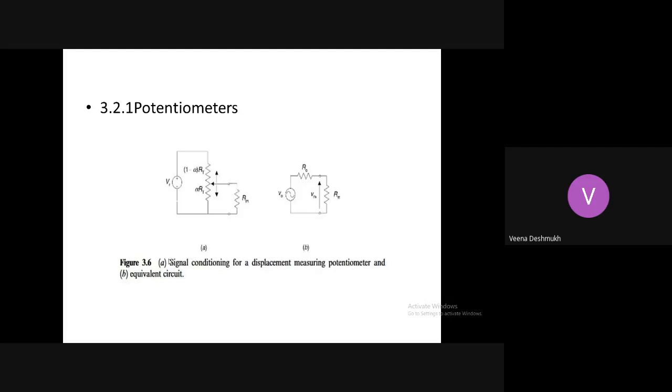Now, similar to the divider network, the extended application of that is your potentiometer. In resistive sensors also, we have discussed this potentiometer, wherein the entire potentiometer is connected to the voltage source, and the central or the variable or the tapping point is moved along the length of the potentiometer or the wire wound resistor.